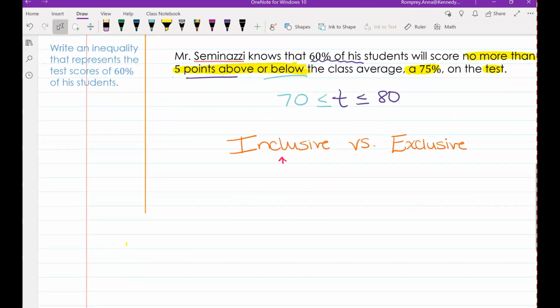So I do want to talk about inclusive versus exclusive. So inclusive, well, it includes, and exclusive excludes. So inclusive, that's when we have less than or equal to or greater than or equal to. Whenever we have those, that tells us that if we're graphing on a number line, what do we use? A closed circle.